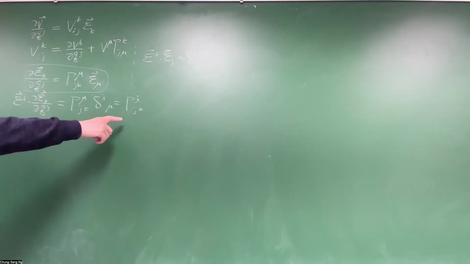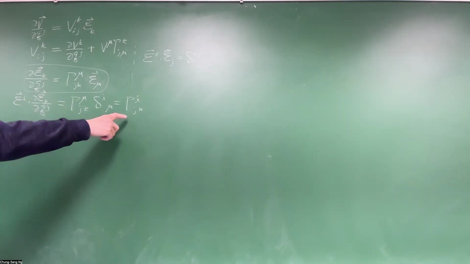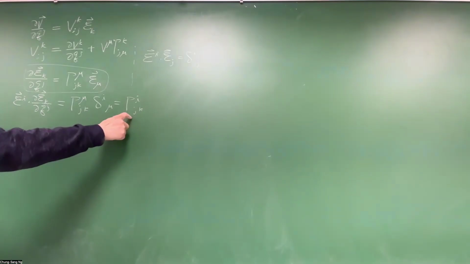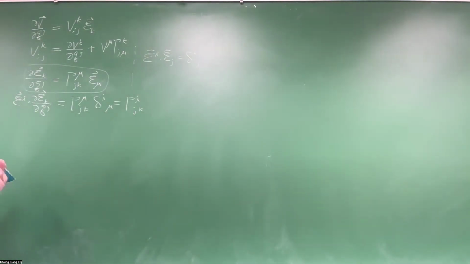Now with this relation, you can first look at the properties of the gamma, the Christoffel symbol. The first thing you can show is that the order of these two indices in the subscript, j and k, is not important.